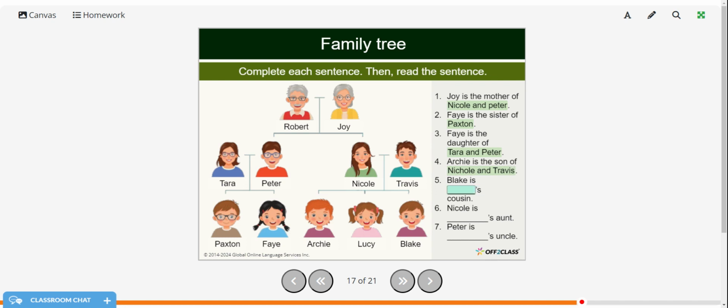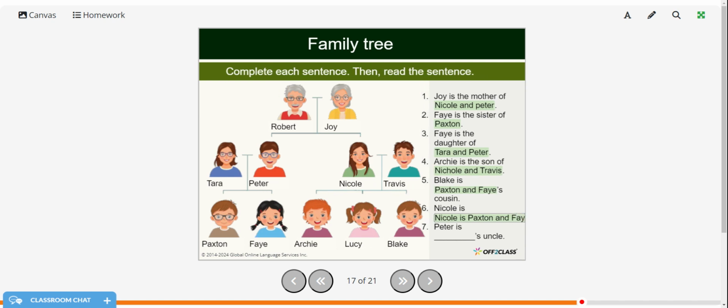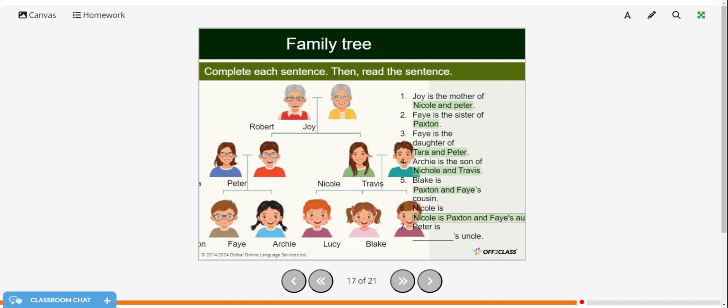Blake is Paxton and Faye's cousin. Nicole is Paxton and Faye's aunt.